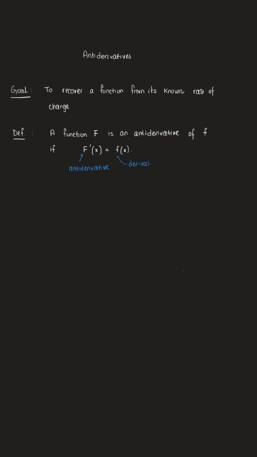The derivative gives us a rate of change, and we want to recover capital F from a given rate of change function. So for example, let's suppose that we start with a function 2x, and we'd like to figure out, can we come up with another function whose rate of change, or whose derivative, is 2x?